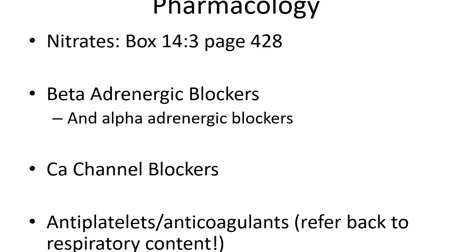The action of beta blockers. Think back to your anatomy and physiology. You learned about the fight or flight syndrome and the sympathetic nervous system, and what that does is it increases your heart rate and it causes vasoconstriction so that your body can get oxygen to its core and it can deal with whatever this fight or flight situation is that they've encountered.